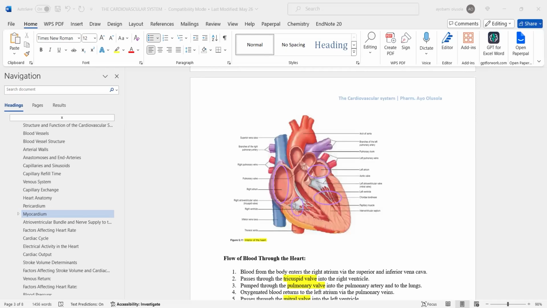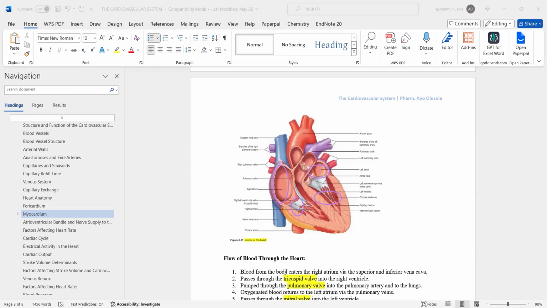This one separates the right atrium from the right ventricle and is a tricuspid valve. You know that deoxygenated blood from the body enters the heart through the inferior vena cava and the superior vena cava.